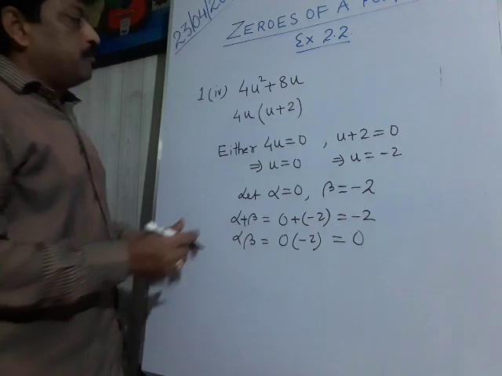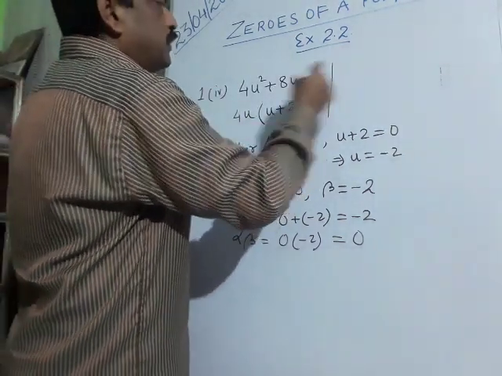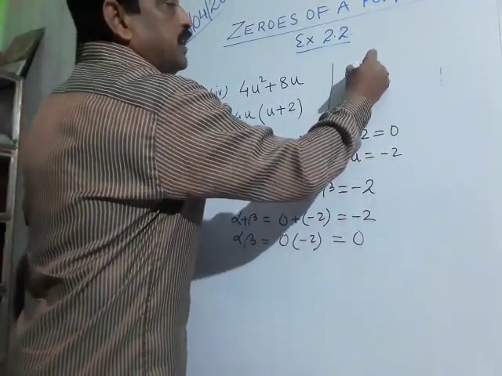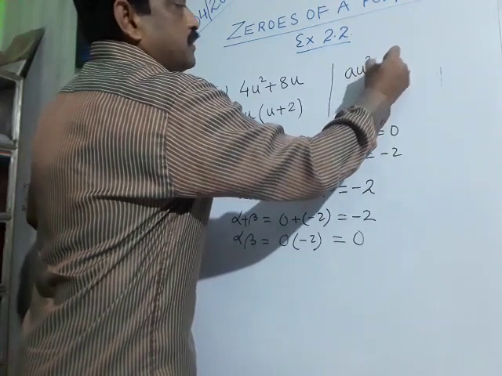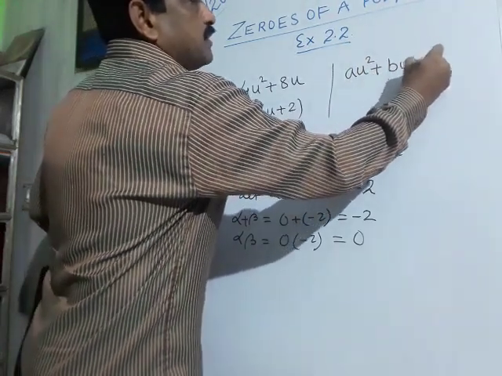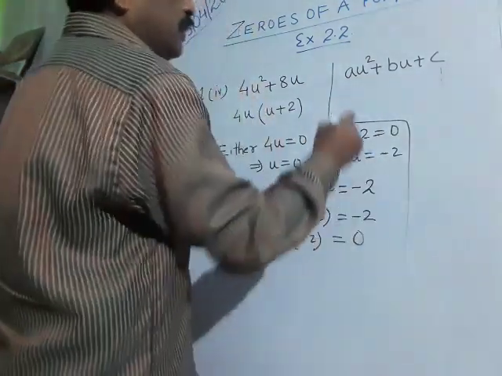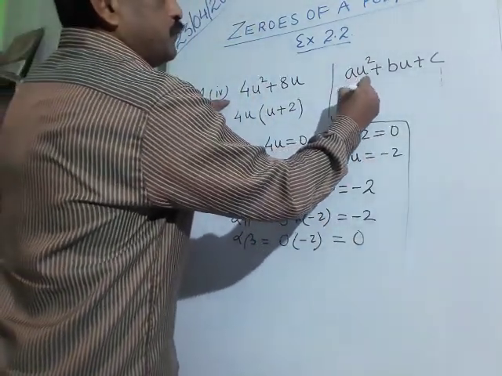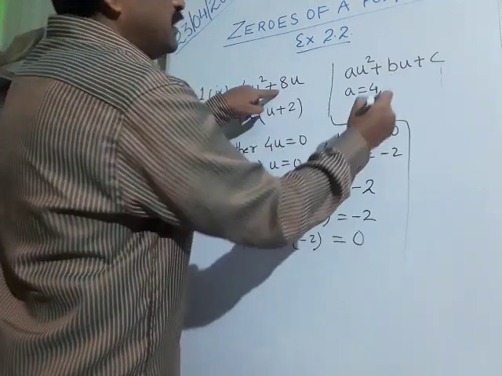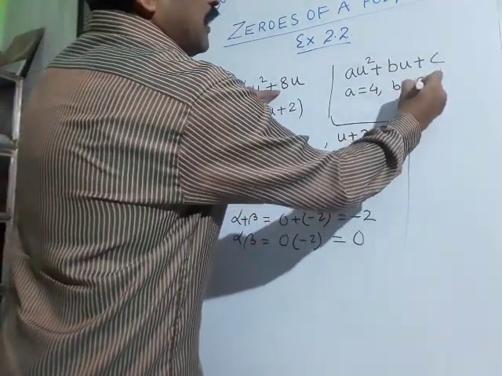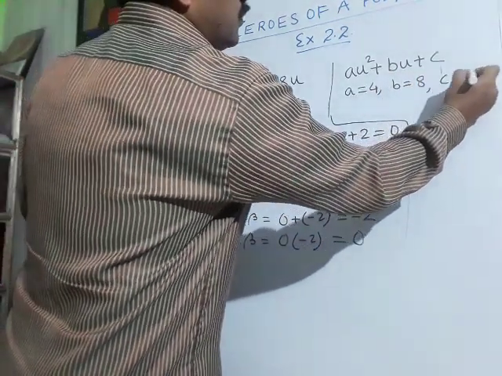Now by comparing the given polynomial with the general polynomial a u square plus b u plus c, what values are we getting from here? What is a? A is 4, b is 8, and c is 0.